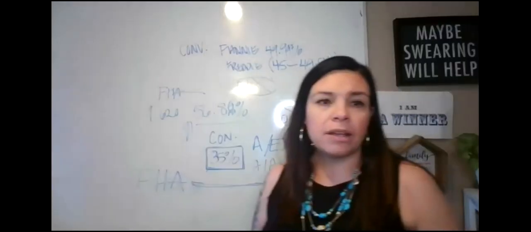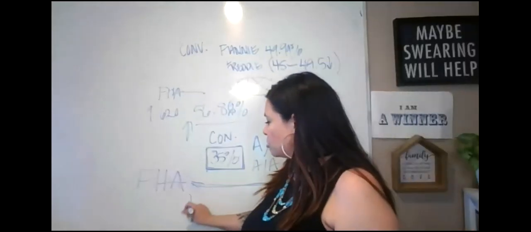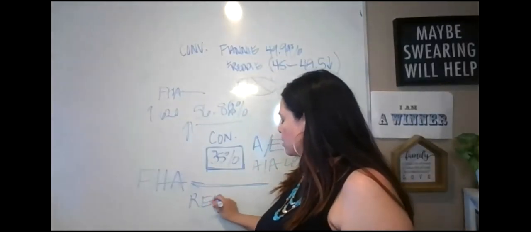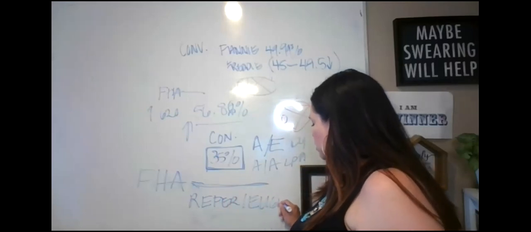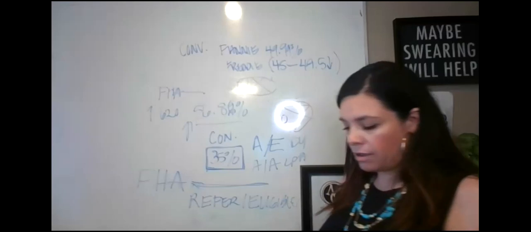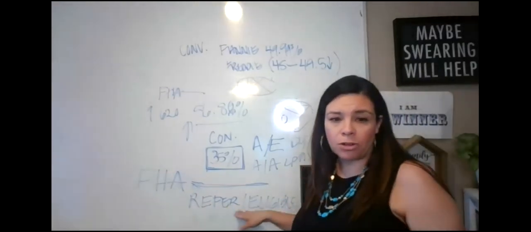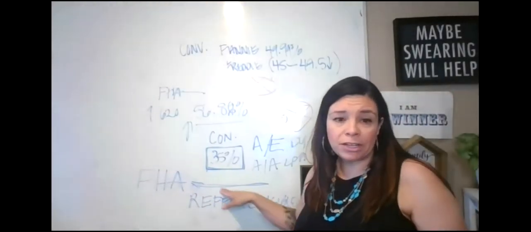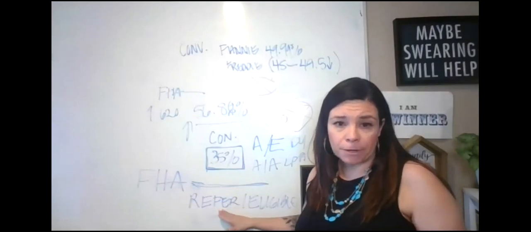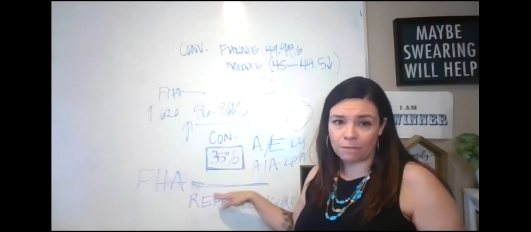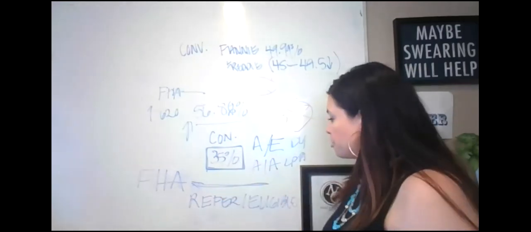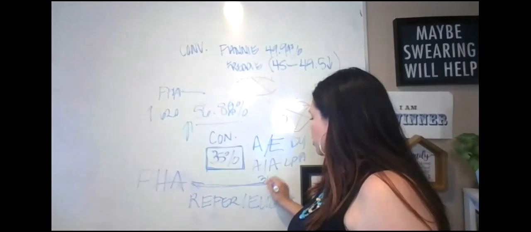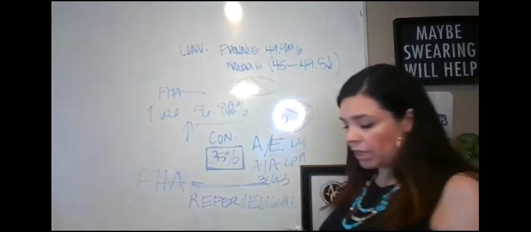Oh, okay. So FHA is where you can do a refer eligible. And you can do refer eligible most of the times when you're running FHA and you get a refer, it's because you're a lower FICO, like under 600 or under 620, and you're pushing over 31/43. Okay.